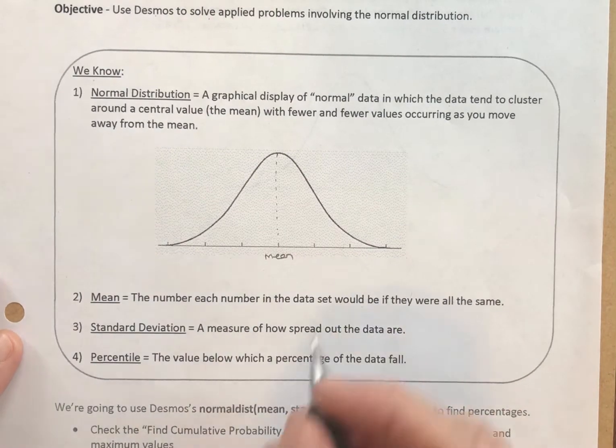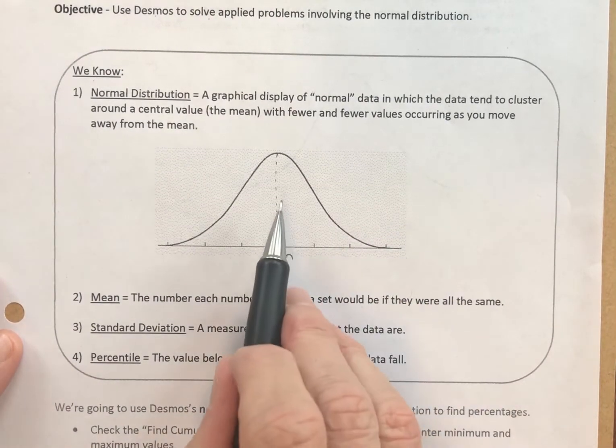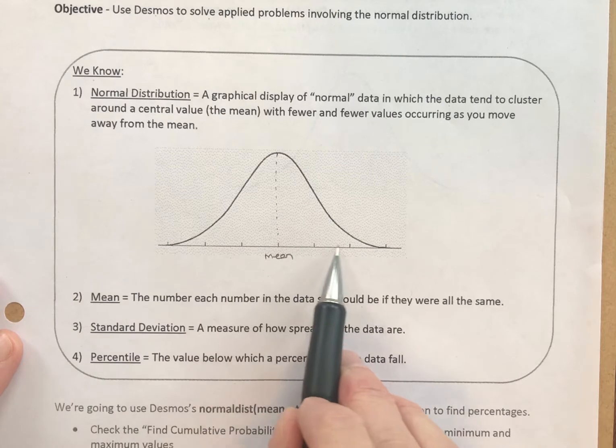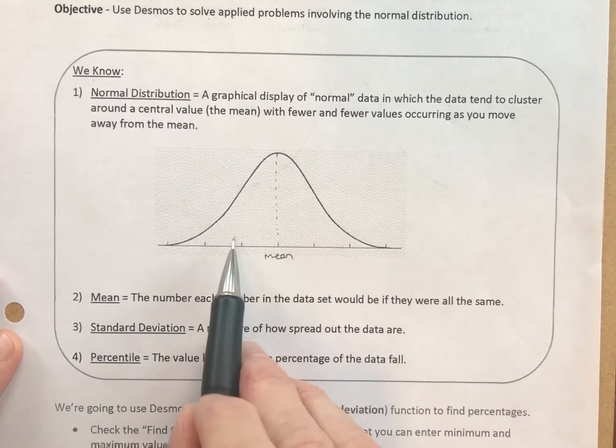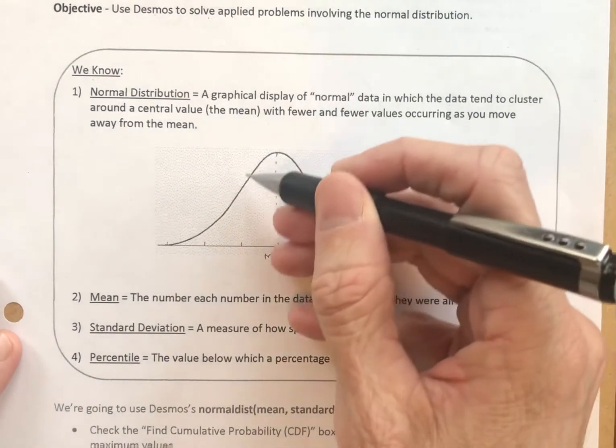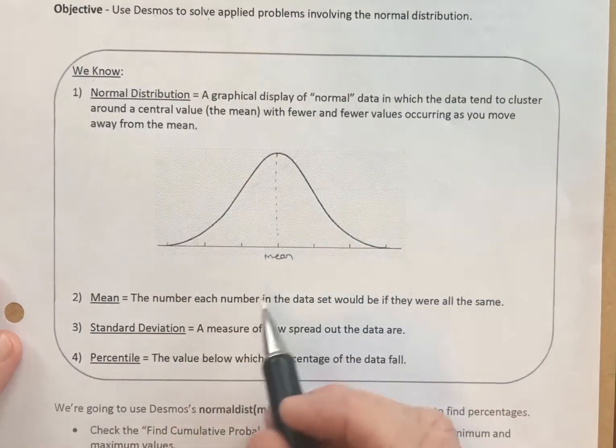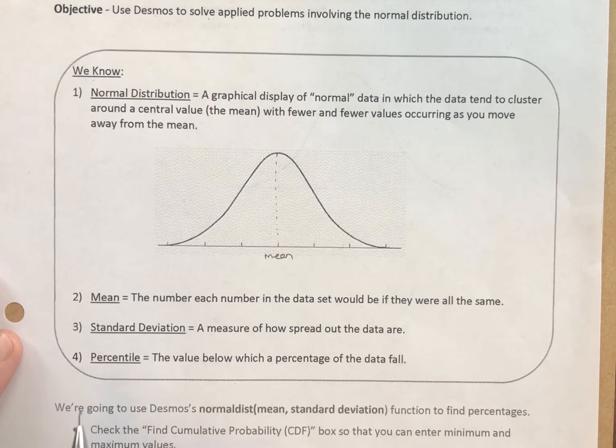That's the mean. And we know that as we get away from the mean data value, there are fewer and fewer data values further and further away from the mean. The vast majority of data values occur very close to the mean in a normal distribution.